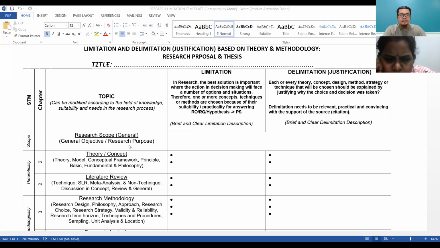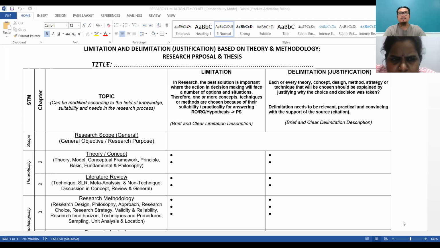So this template will guide and assist you in making sure what type of limitation you have, and for every limitation you need to give the justification. That's why I give you this template, and you need to be clear and understand it. Everyone needs to do this template so you know whether you understand or not. After that, you can copy and paste into your research progress.